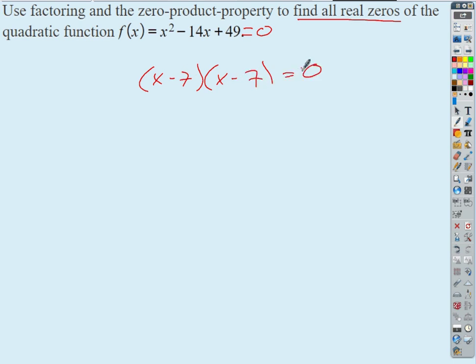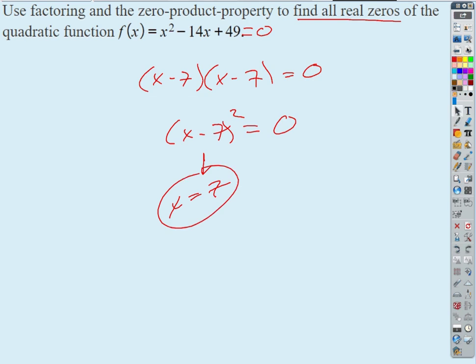And that's equal to 0, so what are the solutions? Positive 7 both times, right? And I could even write it as x minus 7 squared equals 0. Either way, it doesn't matter. I only get one solution, 7. Okay? Usually I'll get 2, but that time I got 1.